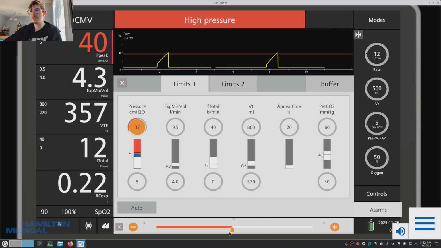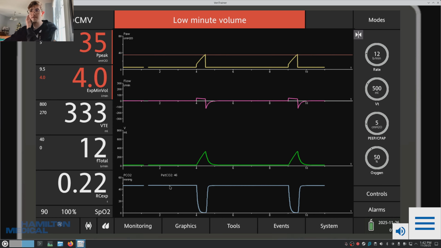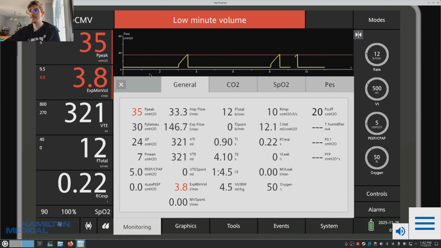And so if we lower it to, like, say 30, actually it had to be 35. We lower this to 35. And now look, we are at the same place that we were on PRVC.